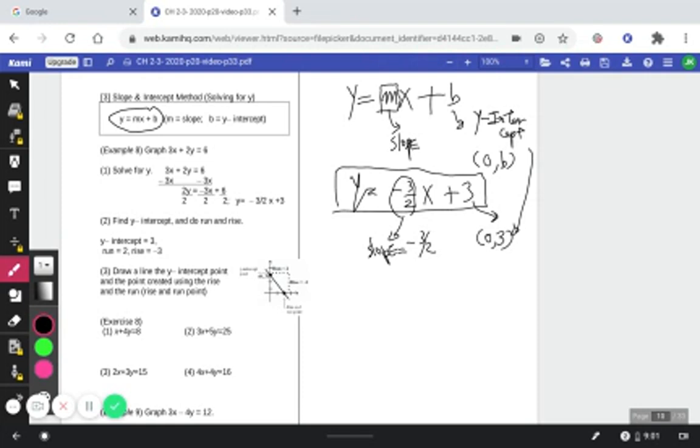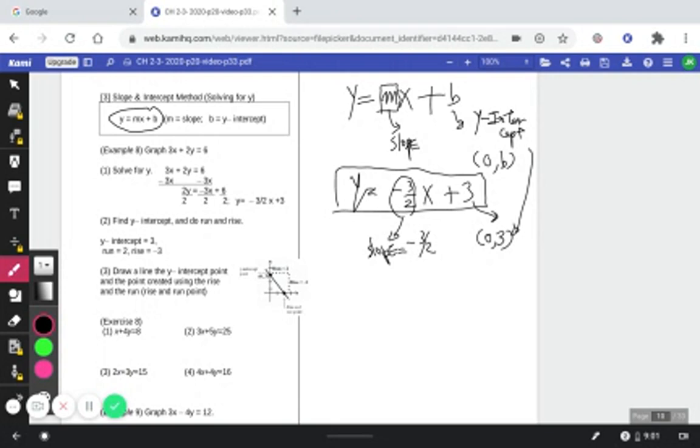That's the number only. The number in front of x is the slope, and the number after x is the y-intercept. So that's why, even though this is harder, we try to solve for y to make a slope-intercept format.